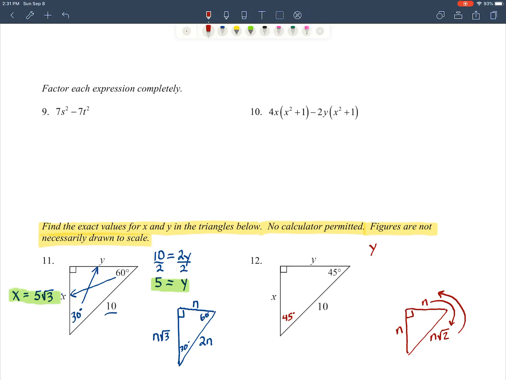So our y value should equal 10 divided by radical 2. And let's go ahead and rationalize the denominator there. Let's multiply by radical 2 over radical 2. So we have 10 radical 2 over 2, which would be 5 radical 2. So our y is going to be 5 radical 2.